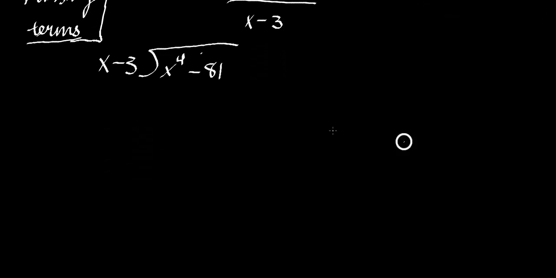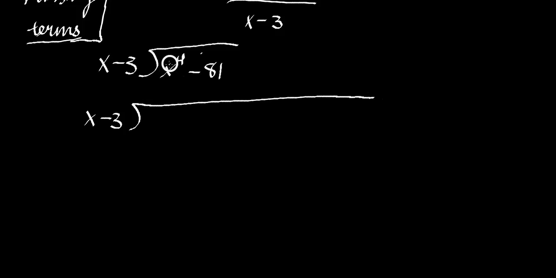Okay, so let me rewrite this problem with what I just said. Okay, so we have an x to the 4th. That's our beginning, the highest power, the 4. What comes next? We're descending by 1. We're going down by 1. That's how it works. It has to go down by 1. We can't jump from a 4th to a constant. That doesn't work. So we can't have an exponent jump.